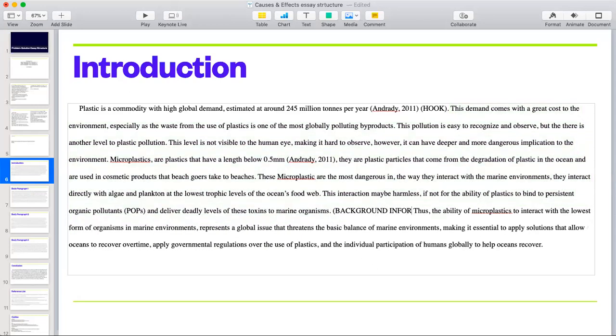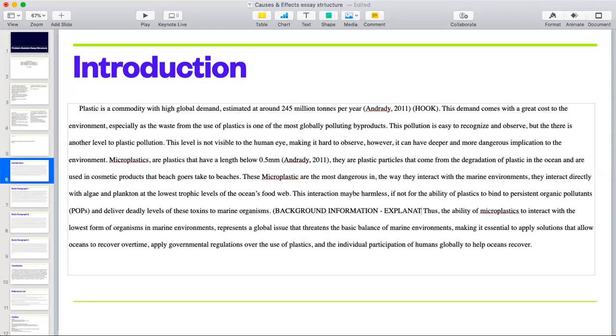Background information. Since we are writing a problem solution essay, there is also something very important, because your body paragraphs, each body paragraph is going to discuss one solution. When are you going to explain the problem to me? In the introduction. So it's very, very important to include background information and explanation of problem or identification of problem.